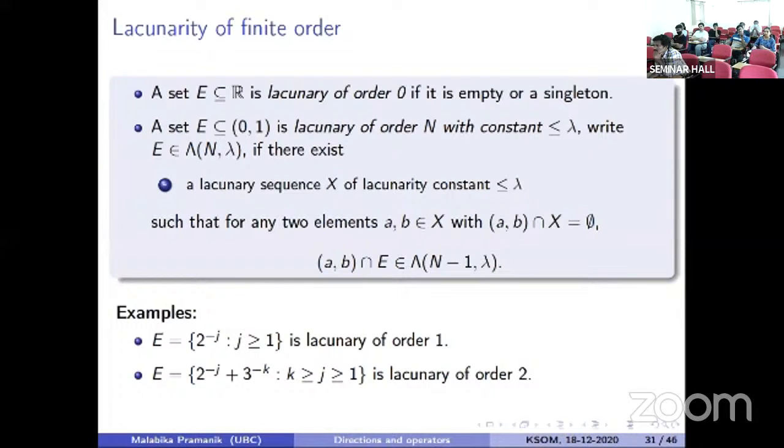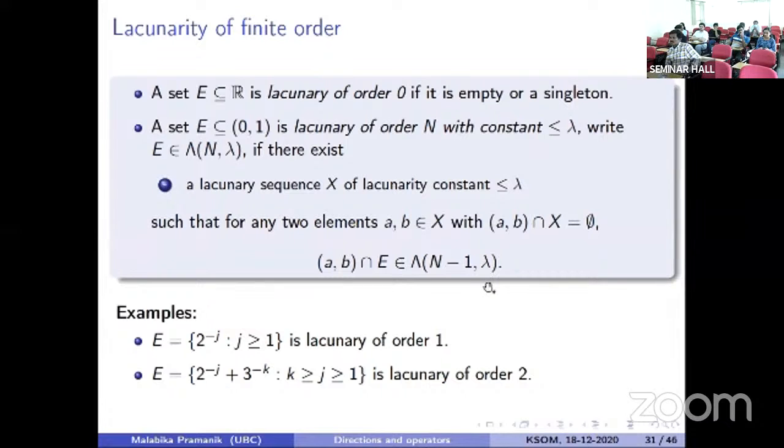We say that a set E is lacunary of order capital N and constant at most lambda, provided there exists a lacunary sequence capital X with lacunarity constant lambda, such that for any two consecutive elements A and B in X, the subset of E contained in the open interval A to B is lacunary of order N minus 1 and constant lambda.